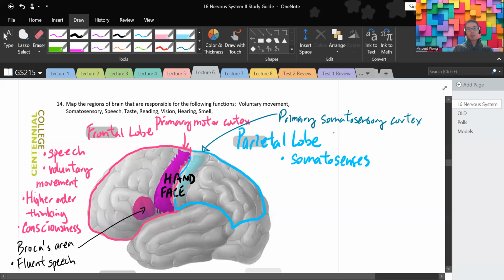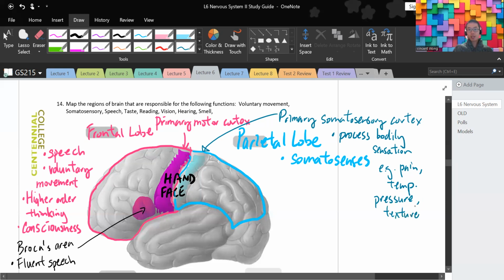So the purpose of the primary somatosensory cortex is to process bodily sensation. Anything you feel with your skin, right? Such as pain, temperature, pressure, something's poking at you, right?